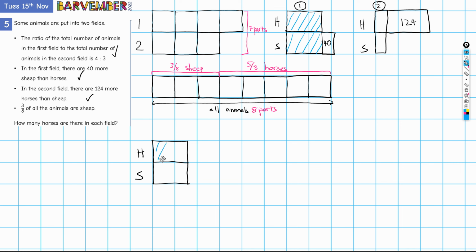That's our two blue blocks that represent the same number of animals. Okay, so far so good. Okay, so that's this bit from field 1. What I'm also going to do is take these two bits from field 2, because they're the same, aren't they? All right, so let's add them on here.